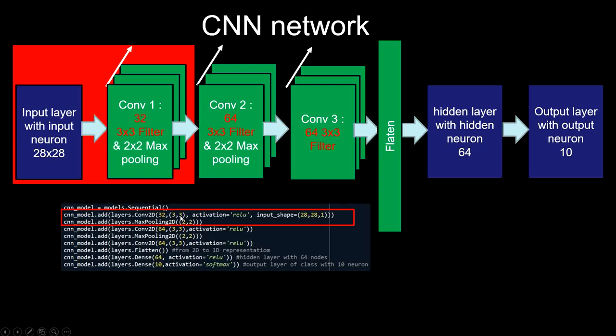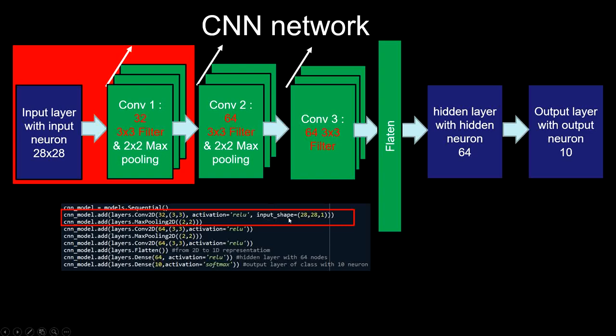And then the second parameter is the 3 by 3. As I mentioned, we have only two types of dimension for the filters, either 3 by 3 or 5 by 5. But most of the time, most researchers use the 3 by 3 filters. The next part we have is the activation. Activation is a simple activation function that will output depending on what you wish to have.